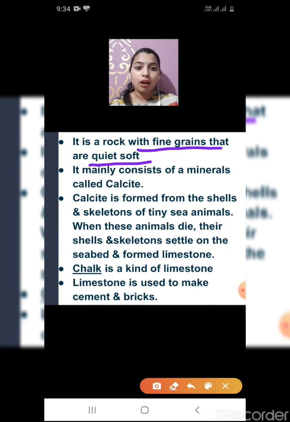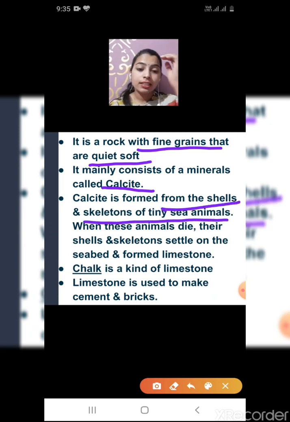It mainly consists of a mineral called calcite. What type of mineral does it have? The mineral is calcite, and calcite is formed from shells, skeletons of tiny sea animals.